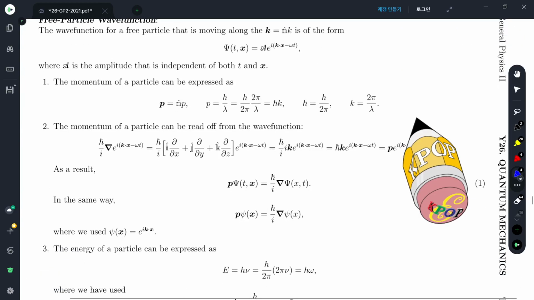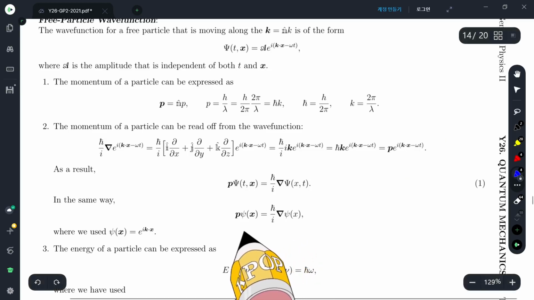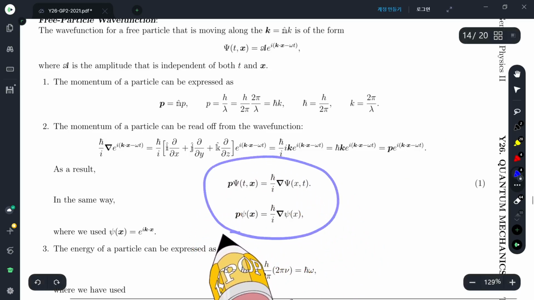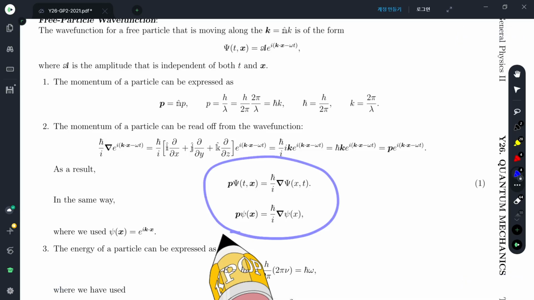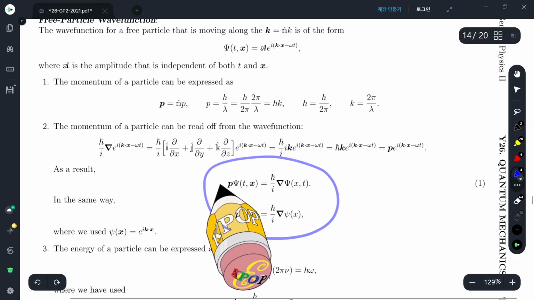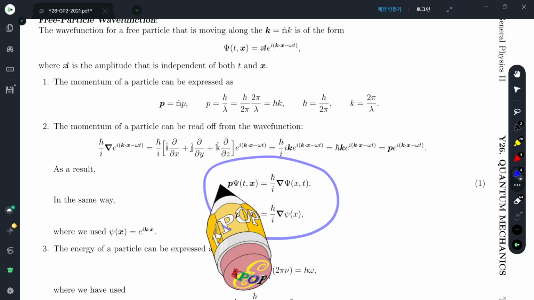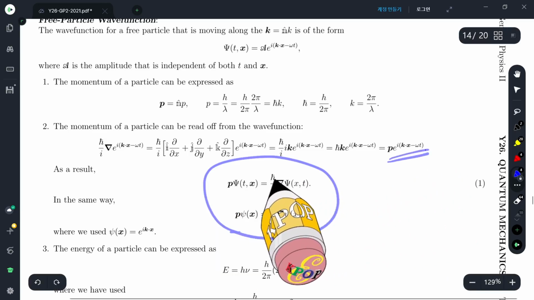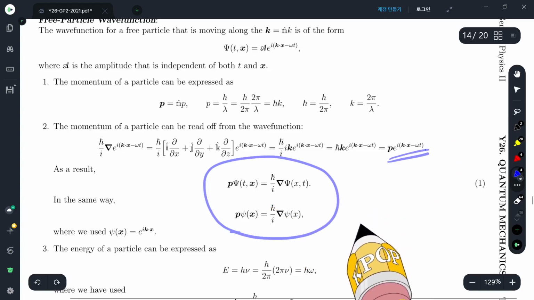So the free particle wave equation can be constructed in a straightforward manner. On the previous page, we discussed that the operator pulling the momentum out of a plane wave solution is just h bar over i times the gradient.